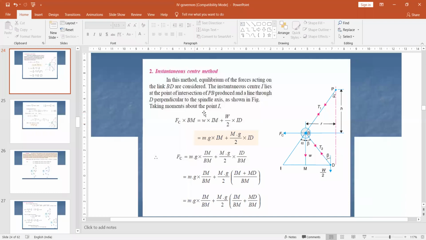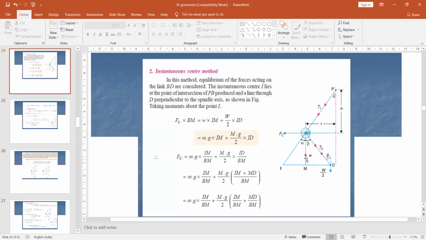Simply take the moments about point I. When taking moments about point I, we consider the forces and how much distance each is from point I. The force Fc has perpendicular distance BM, so Fc into BM is taken as anti-clockwise rotation.